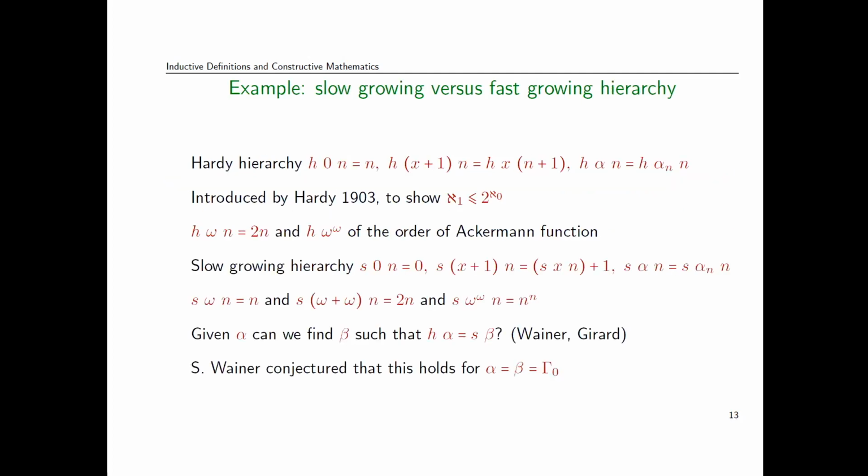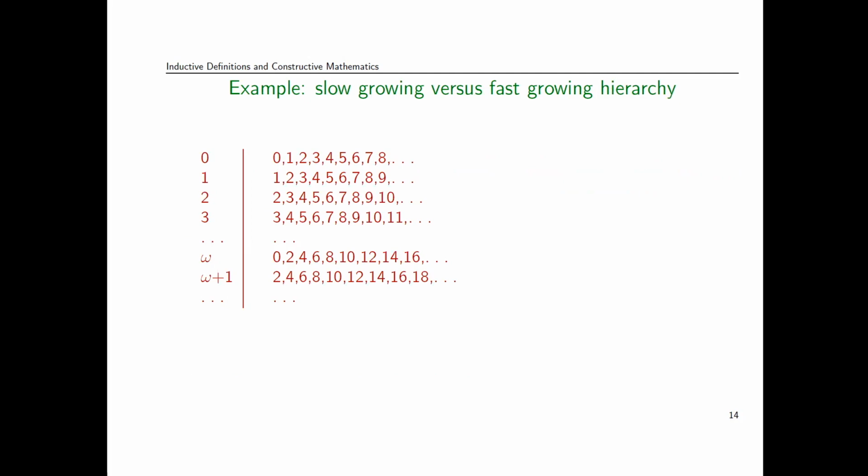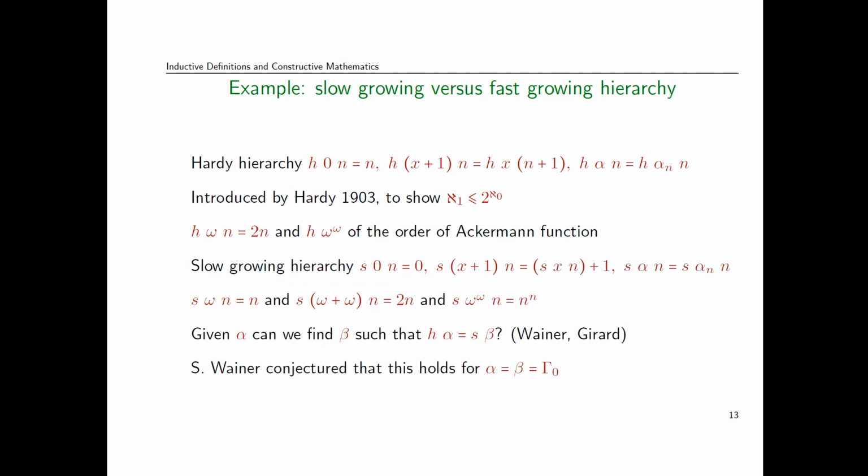This example is the slow growing versus fast growing hierarchy. First, as presented by Hardy, maybe I should say that the goal of Hardy in this paper, which was very influential, since Veblen was referring to this paper as well, was to show very concretely that Aleph1 is less than 2 to the Aleph0.